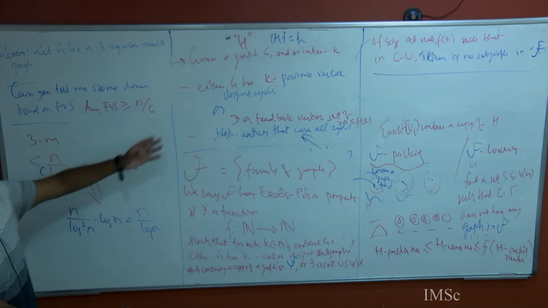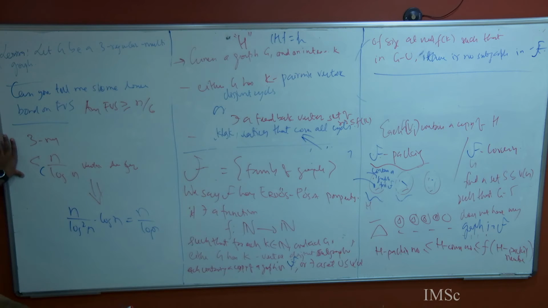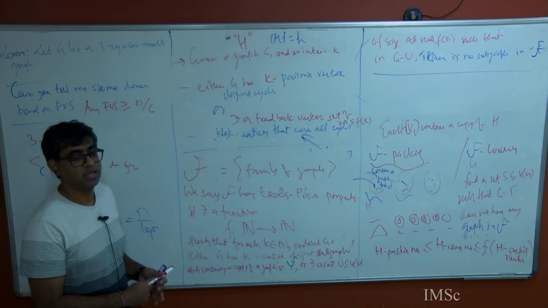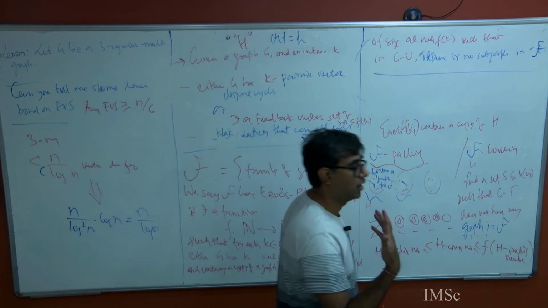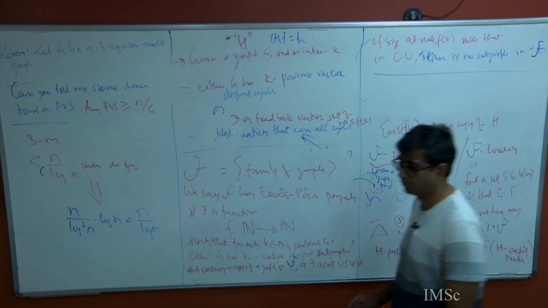Of course, I will prove this without using this. This is just some combinatorial fact. So all I am telling you is that in any 3 regular graph, there are at least n divided by some big O of log n vertex disjoint cycles, and that's a truth. Okay, that's all that I am saying. I will prove everything formally, don't worry.